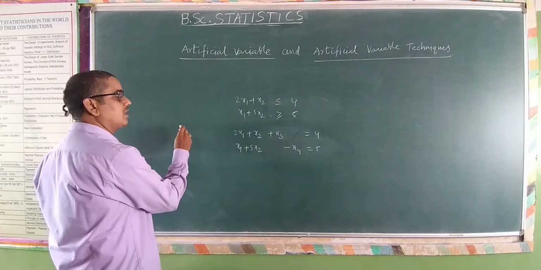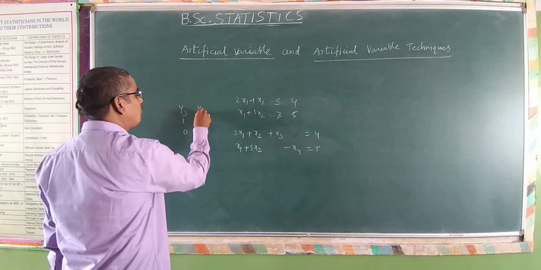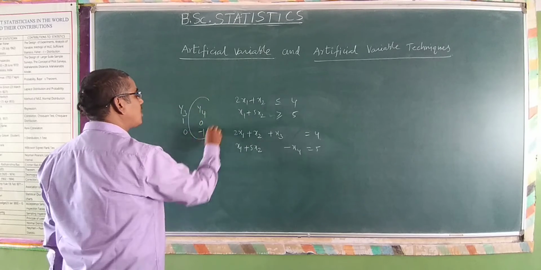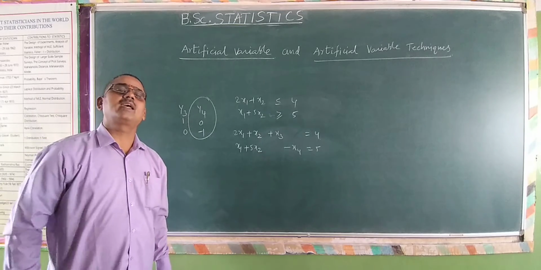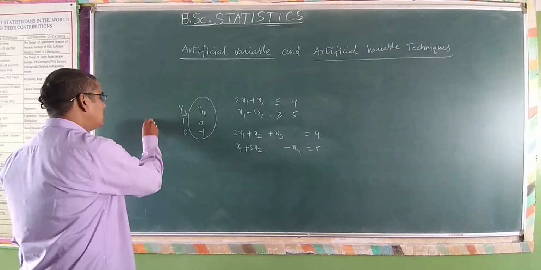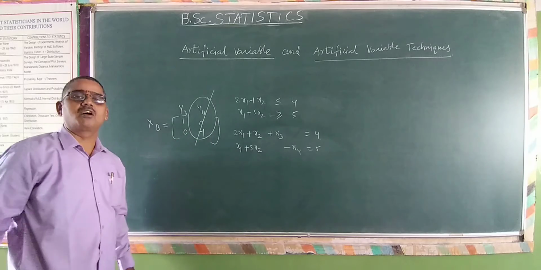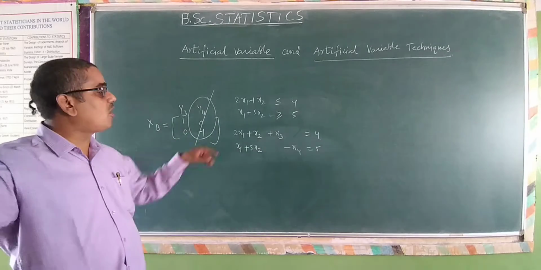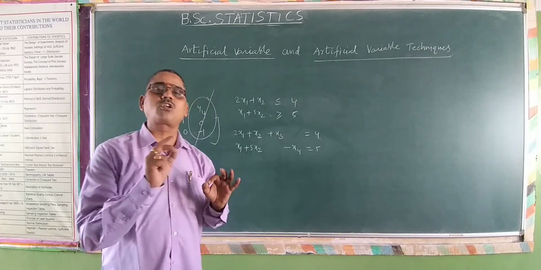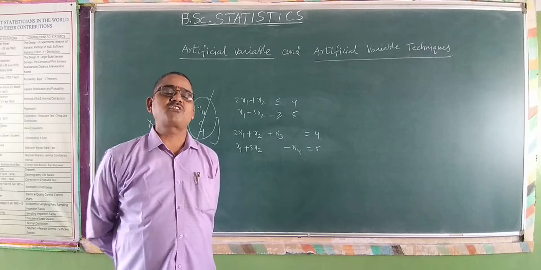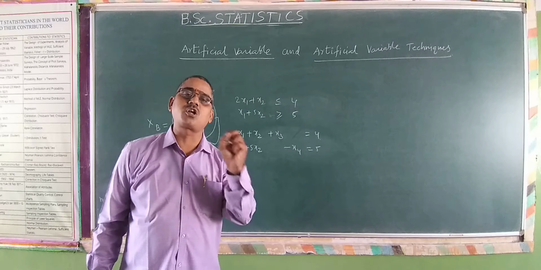If you want to consider the initial solution, 1 0 is available in y3, but y4 is 0 minus 1. We should not consider this 0 minus 1 in the unit matrix or in the initial basic feasible solution xb. So the value 0 minus 1 in xb cannot be considered. Therefore, for a greater than or equal to constraint, the initial basic feasible solution is not readily available. Just by introducing the surplus variable, the initial basic feasible solution is not available.